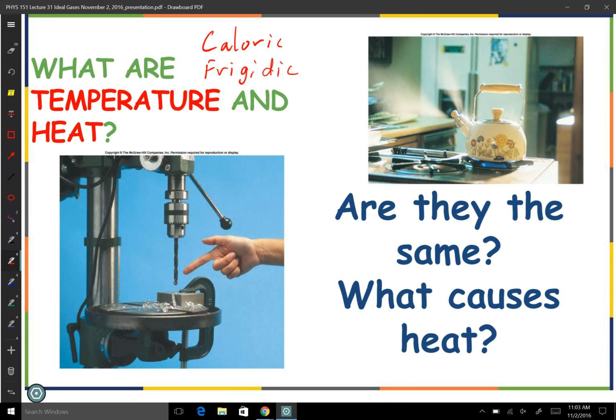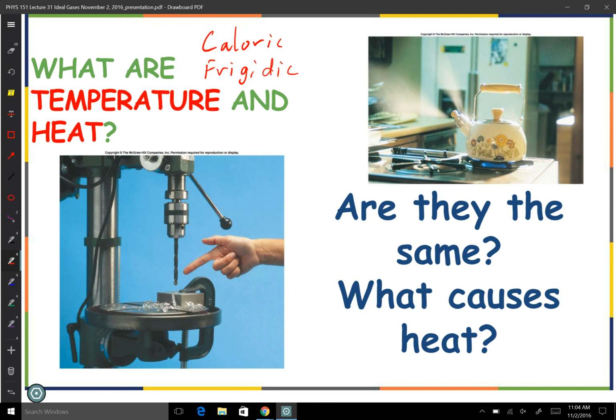And then the actual observation that led to a better understanding was, and I can't remember the name of the gentleman, but he is very famous. He was drilling cannons, and he observed that it developed a lot of heat when he was drilling. And so he made the connection that the work he was doing on drilling was making the temperature higher, and so there must be a relationship between the work and the heat.